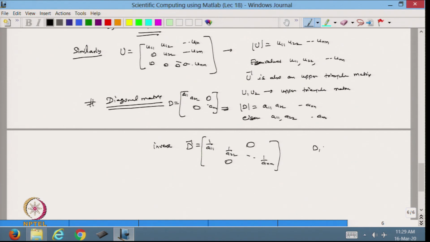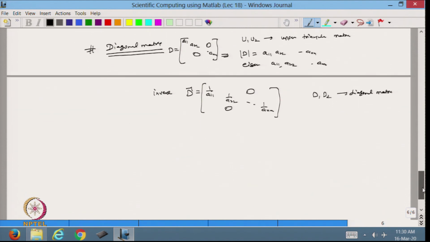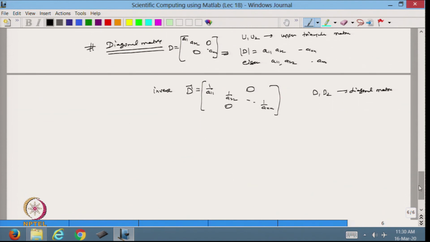And if I take two diagonal matrices D1 and D2 and multiply them, the product is also a diagonal matrix, which is another property. So, we can see that lower triangular, upper triangular and diagonal matrices are very easy to work with. Our next purpose is to transform any matrix A into one of these forms.